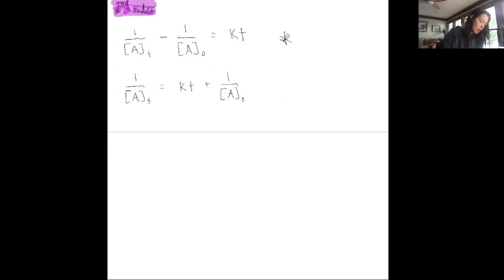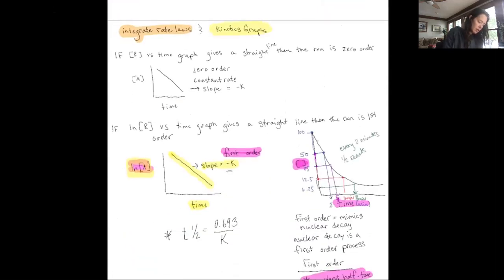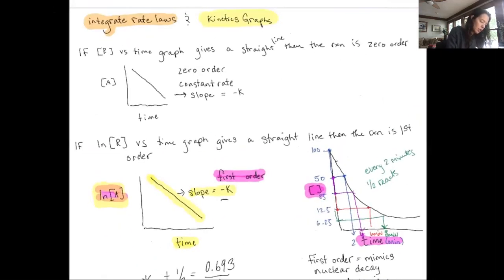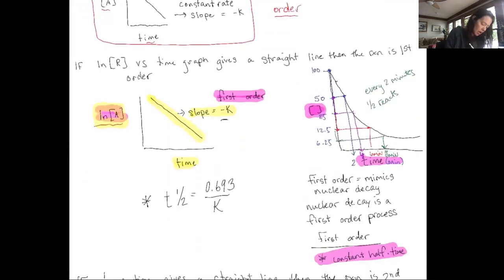It's important, it's memorization, that when you graph concentration versus time and you get a straight line, it is 0 order. So look for the graph that has the straight line. Only one is going to give you a straight line. If the natural log versus time gives you the straight line, then it's first order.